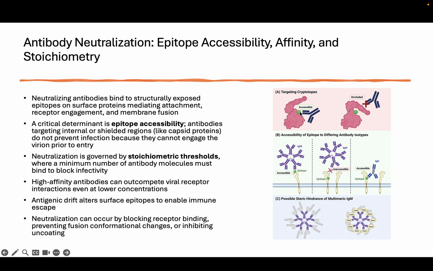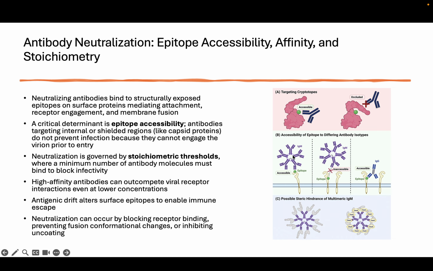If that epitope is accessible, it's going to bind to it. But if it's not, then there's a very low chance it's going to do anything. If it binds here, it's going to stop the virus from infecting cells, because you're stopping the host receptor to viral receptor interactions. So the accessibility is extremely important.